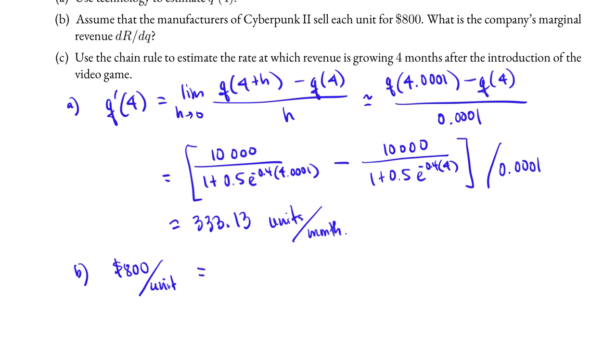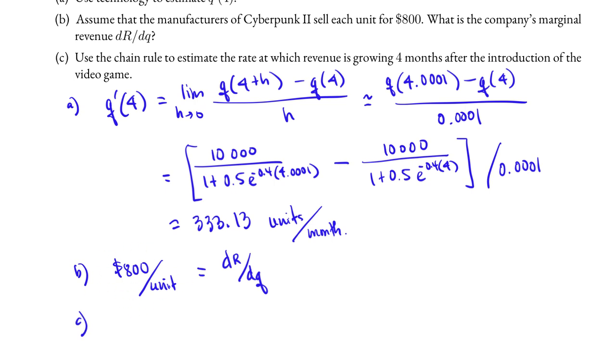And so this is the rate at which the money is coming in per unit already, which is dR/dQ. dR/dQ is the marginal revenue. It is the revenue for one additional item, and that is $800 per additional unit.